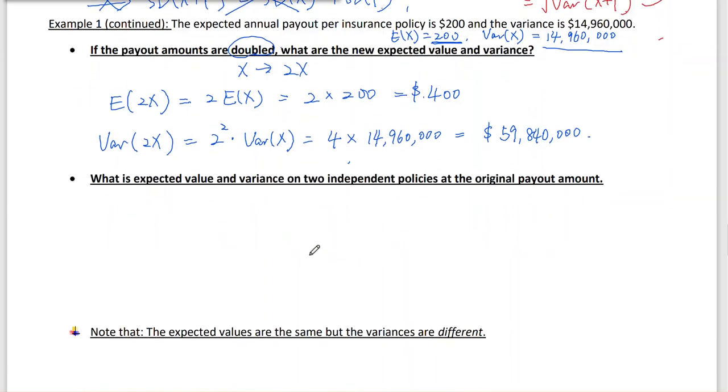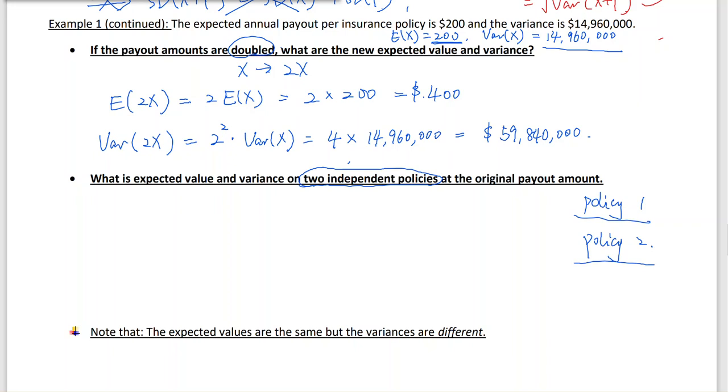So now, one more question. What is the expected value and variance of 2 independent policies at the original payout amount? What does that mean? That means you have policy 1 and policy 2, 2 independent policies. But these 2 policies actually are the same.